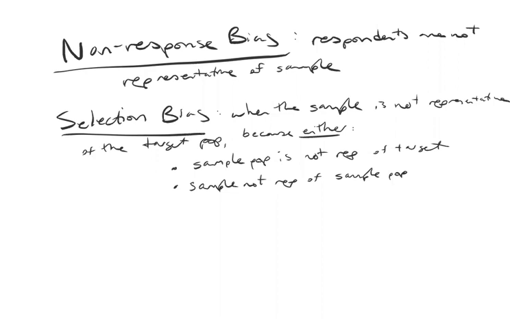Maybe it's people who submitted their phone numbers to some service that made them publicly available. If the list of phone numbers I start with to choose from is not representative of the target, I already have selection bias.